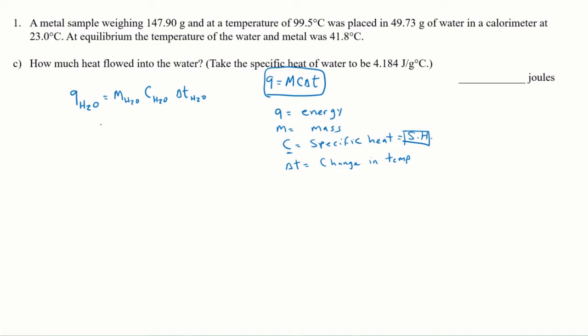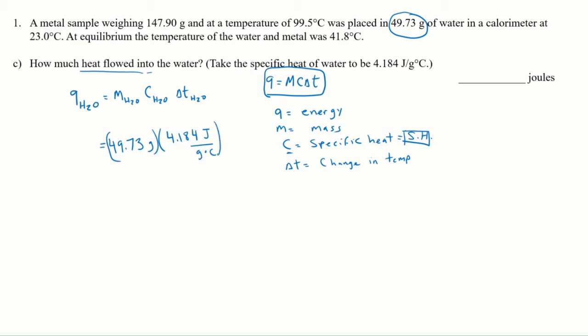So, we're calculating the heat that flowed into the water. Here we're concerned with the mass of water, and the mass of water is 49.73 grams. So this is 49.73 grams times the specific heat of water, which is 4.184. I'm going to use 4 significant figures.